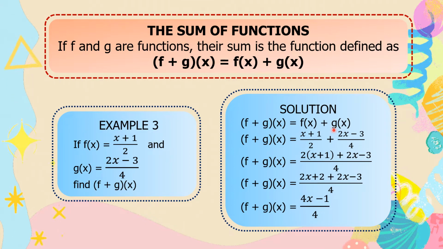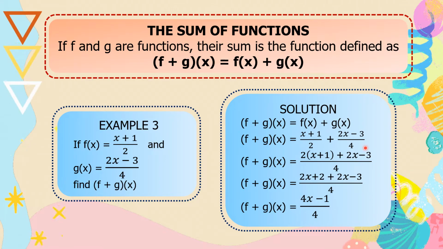So, tulad ng ginawa natin sa example 1 and 2, ay palitan natin yung f of x at g of x sa given values nito. So, just copy f plus g of x equals, so yung f of x ay palitan na natin ng kanyang value which is x plus 1 over 2 plus yung g of x naman natin ay 2x minus 3 over 4.